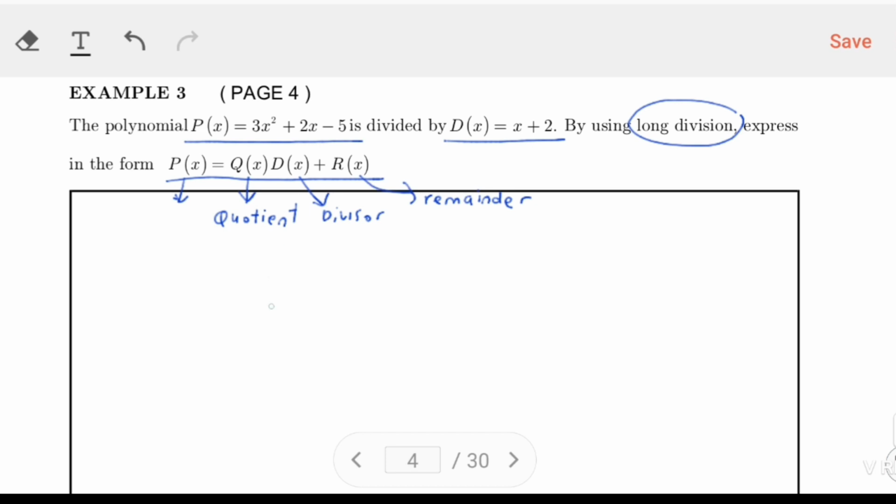Okay, to do the long division, put the polynomial first, 3x squared plus 2x minus 5, and put the divisor on the outside, x plus 2.